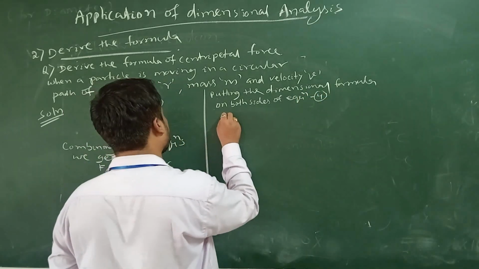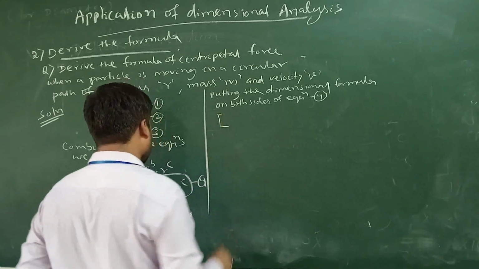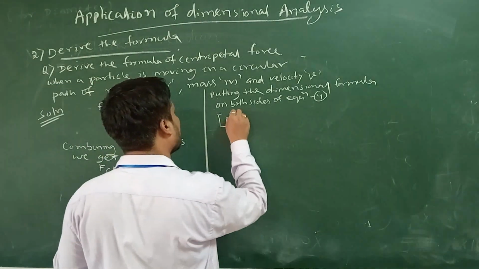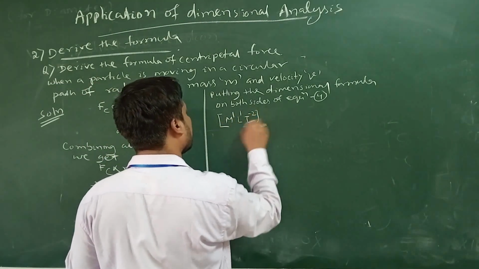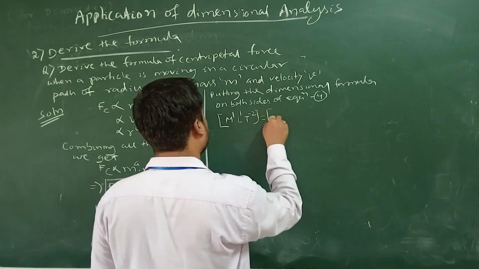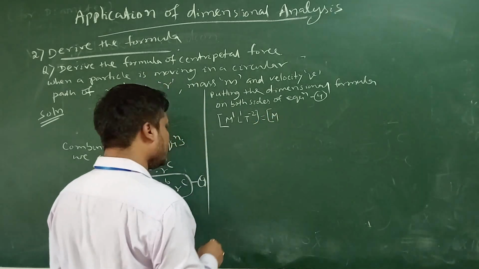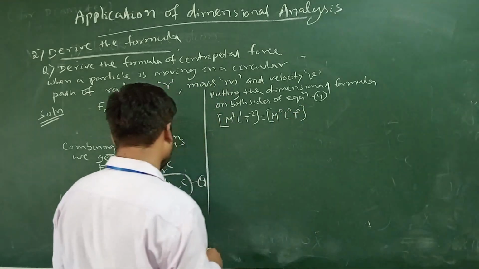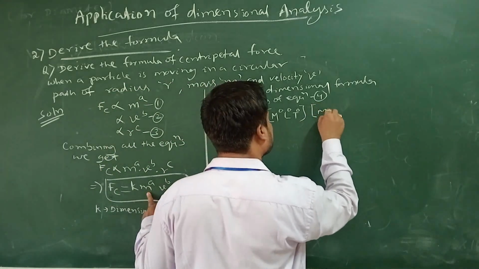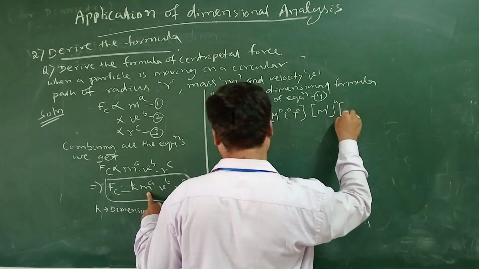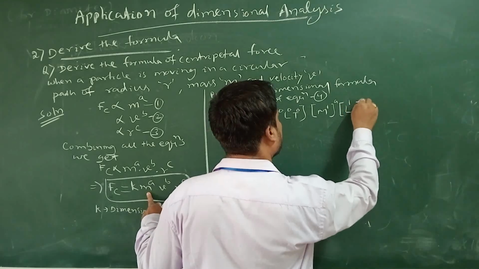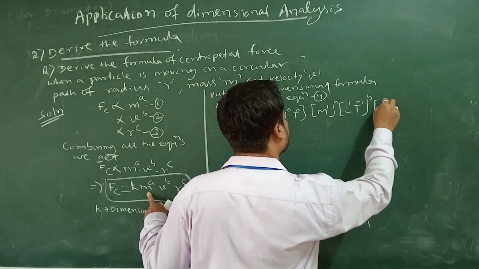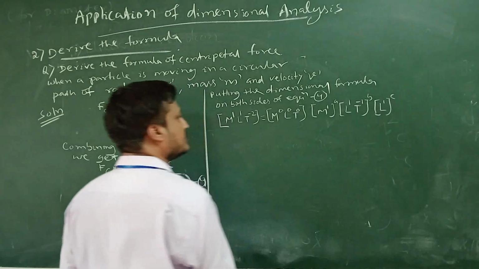So Fc, what is the dimension of force? M to the power 1, L to the power 1, T to the power minus 2, equal to k, the dimensionless constant, so M to the power 0, L to the power 0, T to the power 0, into mass to the power a, velocity to the power b, and radius L to the power 1 to the power c.